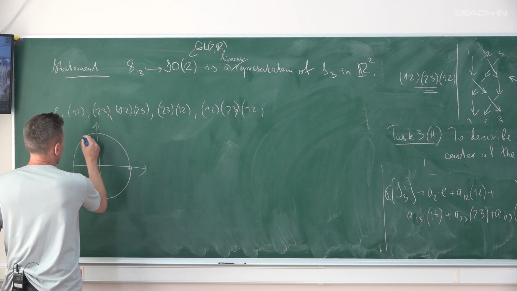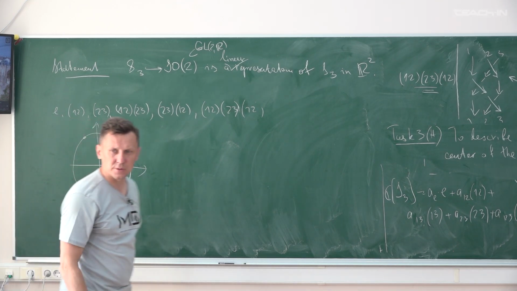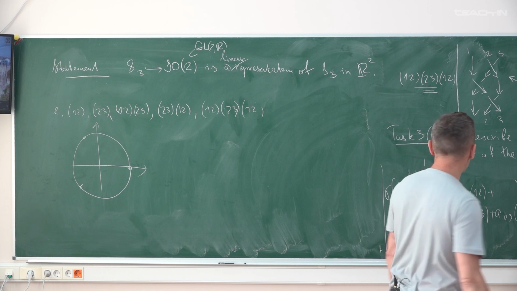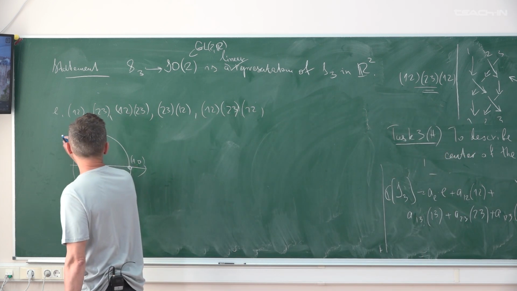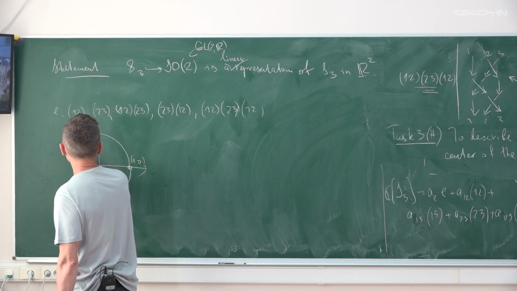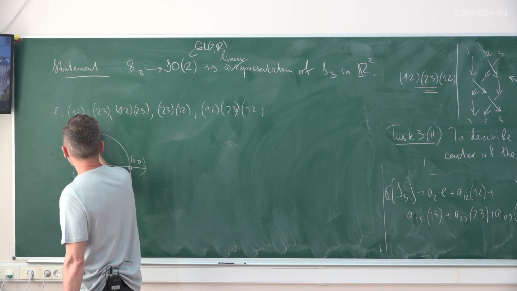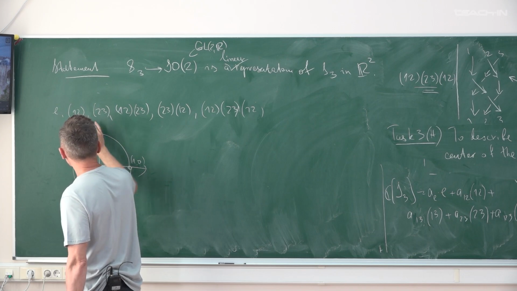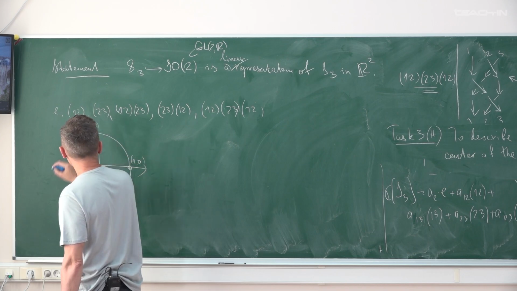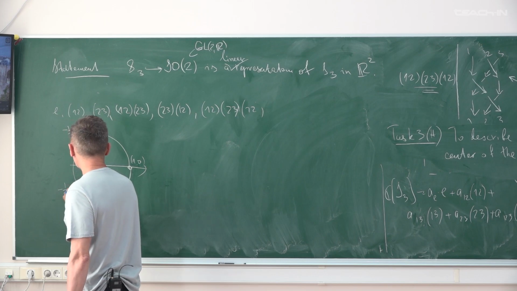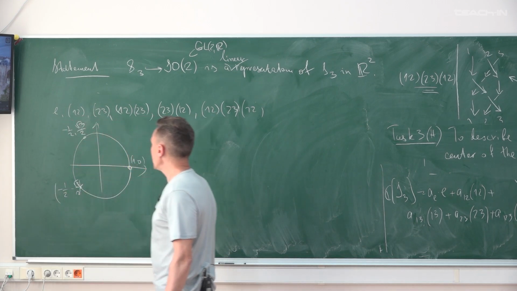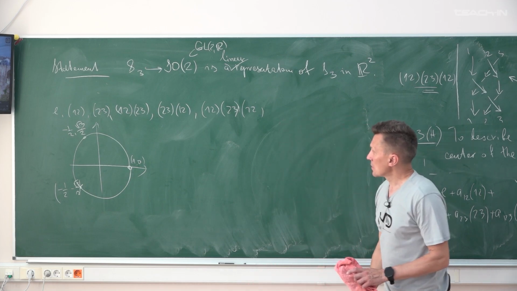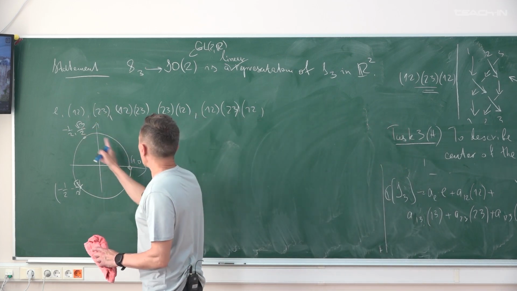So we choose 3 roots of unity on the unit circle: (1, 0), (-1/2, square root of 3 over 2), and (-1/2, minus square root of 3 over 2).